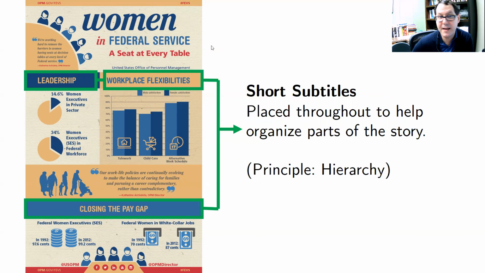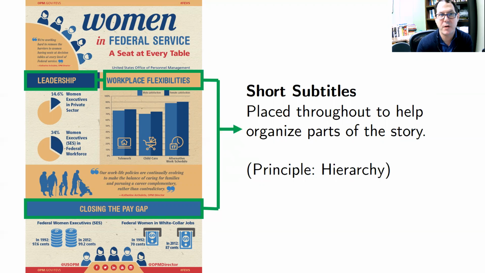Another useful thing in this infographic is that there are subtitles. Again, using that principle of hierarchy, that our second place we should look should be directed, and we should know what we're looking at, and it should track our eye to different sections of the visual. And so we have these short subtitles that show us different sections where information is being presented, and organizes the story in a way that I think you would read fairly closely.